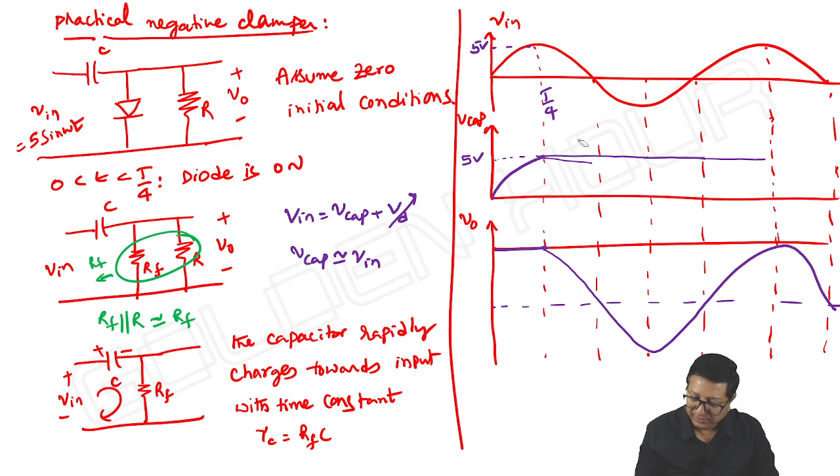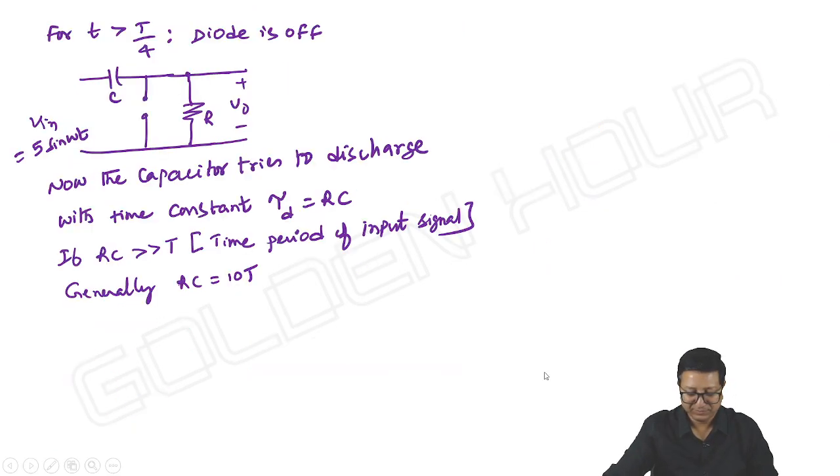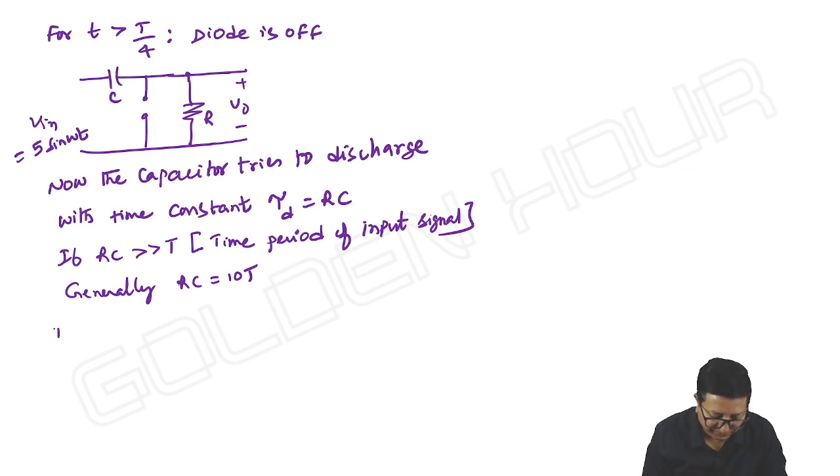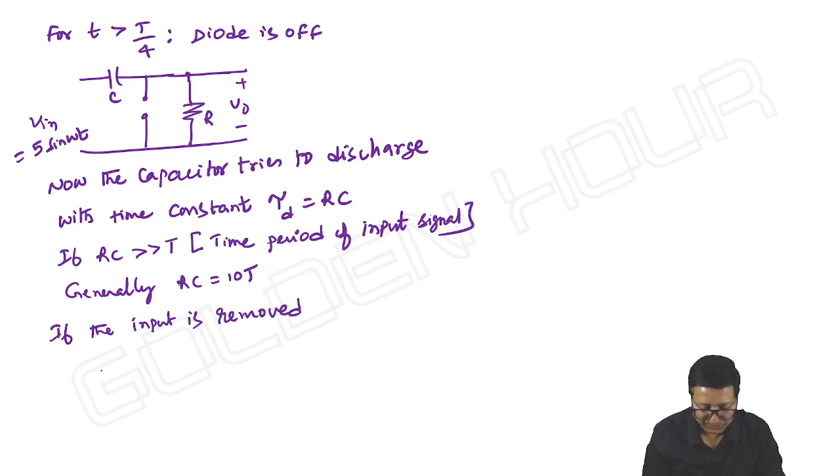And one more thing, okay, now I am removing the input. If I remove the input, what happens? Suppose the input is removed, then how about the circuit?